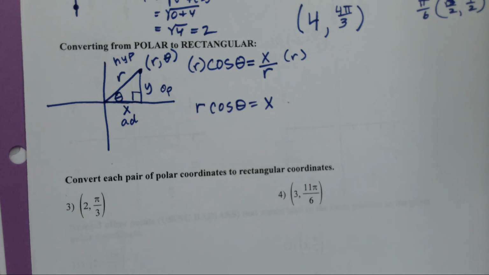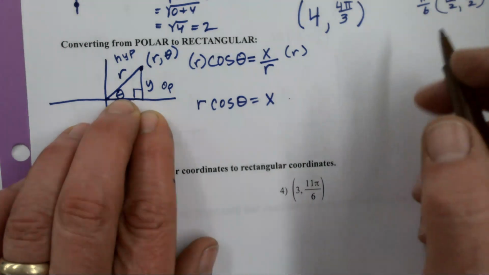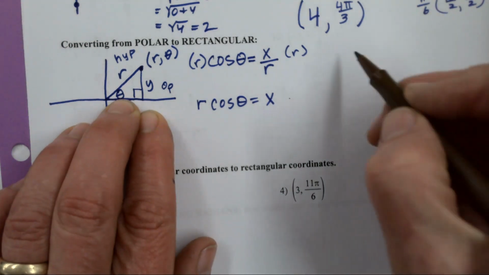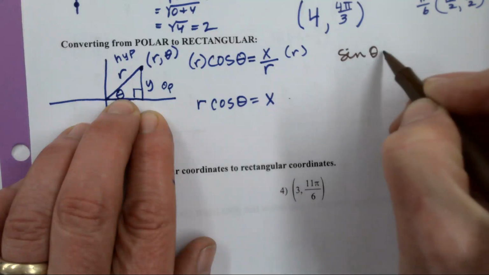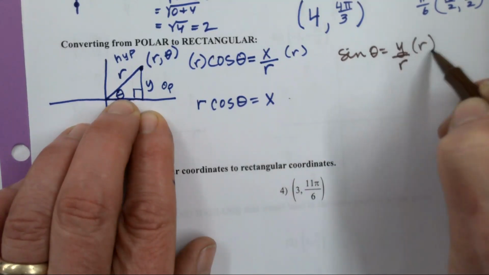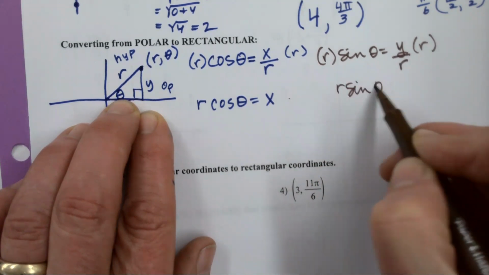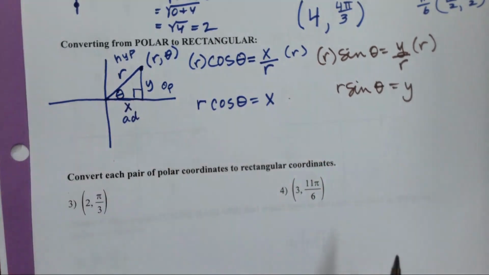Let's do the same for y. Ignore the x. I've got opposite and hypotenuse. Which trig function will I use? The sine of theta is y over r. Same move as last time. And I've got my y.